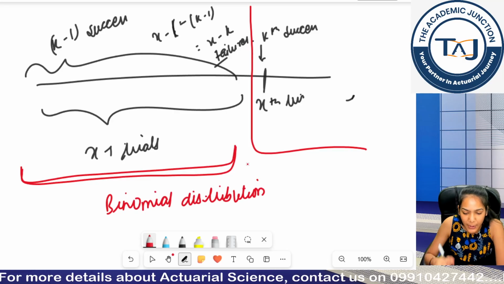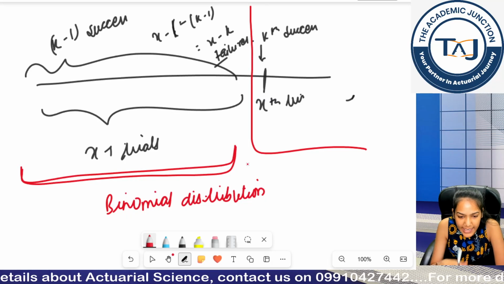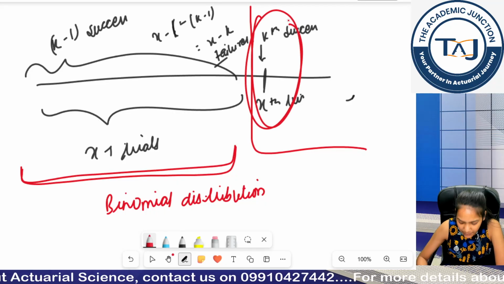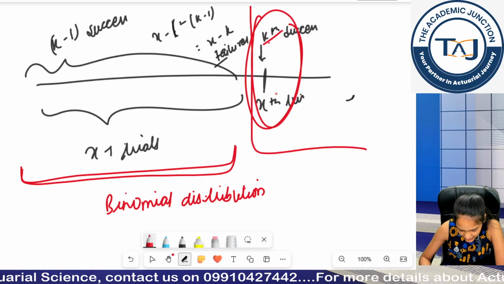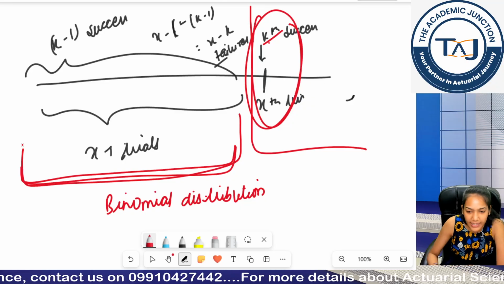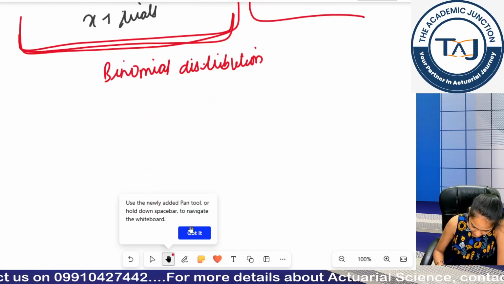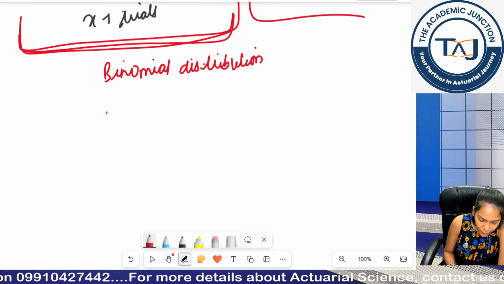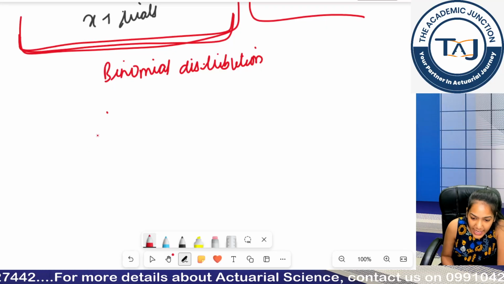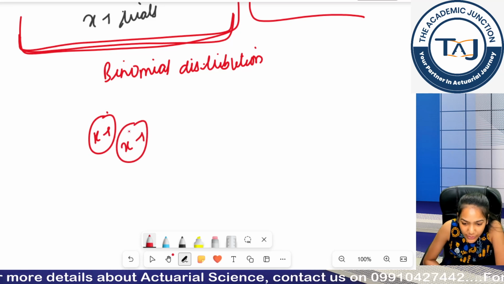Because I can get my k minus 1 successes in any possible way. Only this is fixed. I have to get my kth success at this trial. So this is fixed. But before this, I can arrange in any possible number of ways. Okay. So this is similar to following my binomial distribution, where I am getting k minus 1 successes out of total my X minus 1 trials.